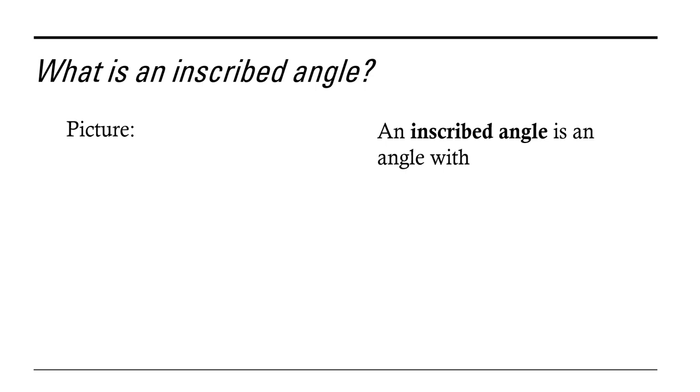So first of all, I want you to know the definition of inscribed angle. The first thing I want you to do is draw in your note sheet a circle, and then I want you to draw a point on the circle. And an inscribed angle is an angle with its vertex on the circle.